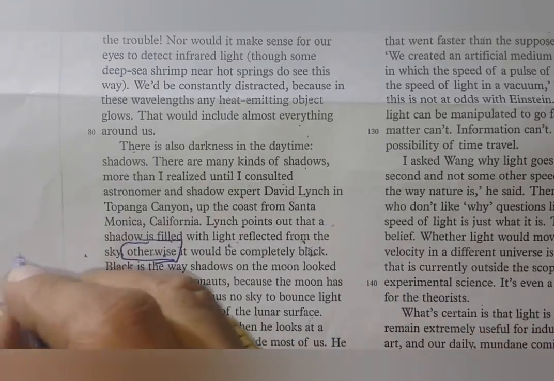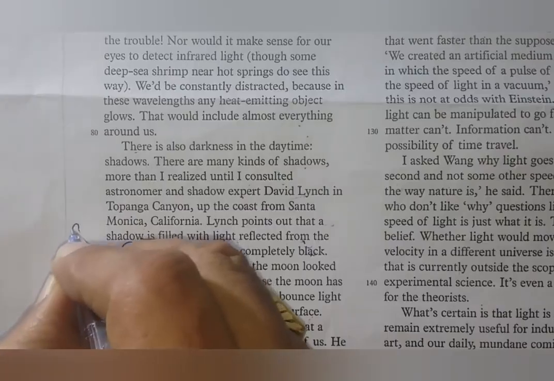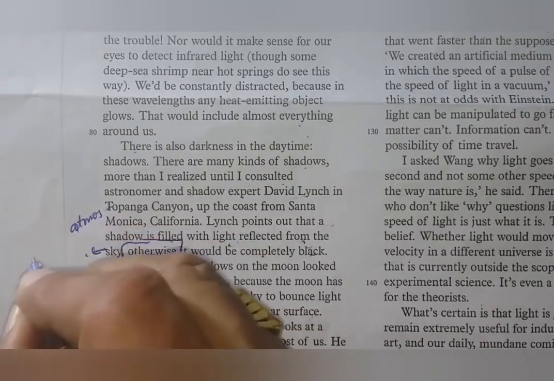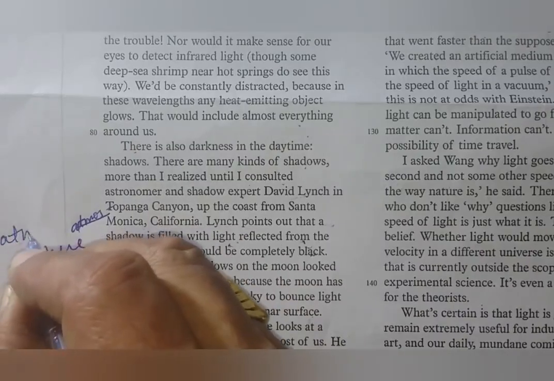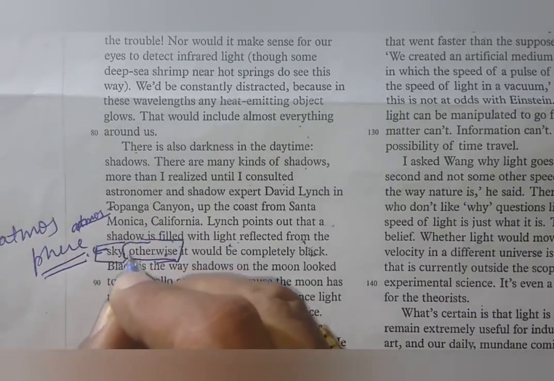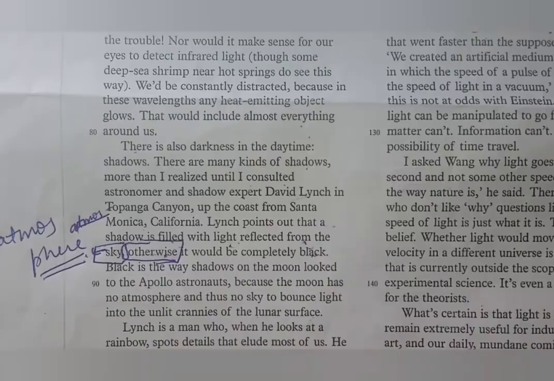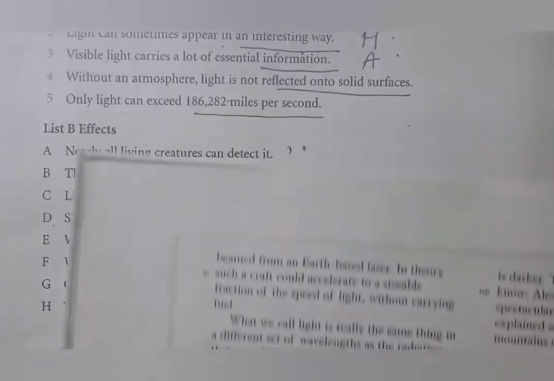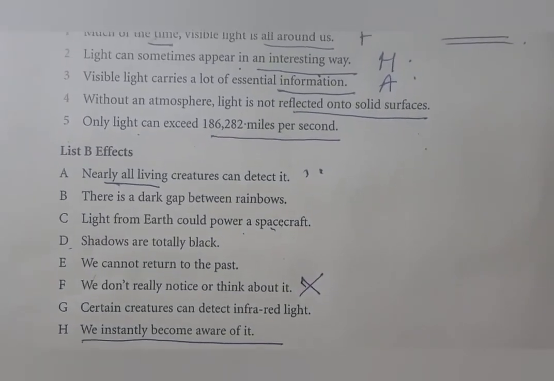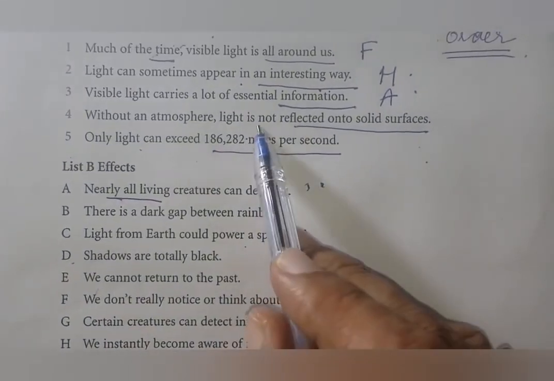Sky. What is the atmosphere here? Sky. It's touched the atmosphere, cutting. Otherwise it would be completely black, naturally. Right? Got my point? So here you can check, no need to go anywhere.